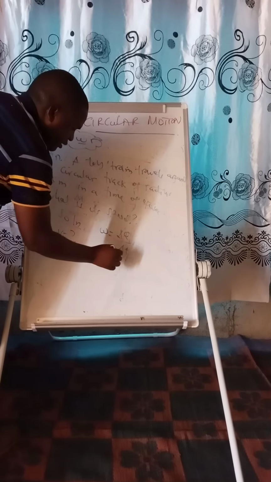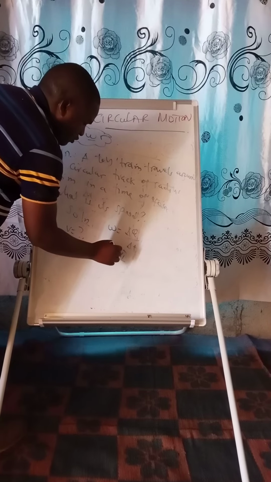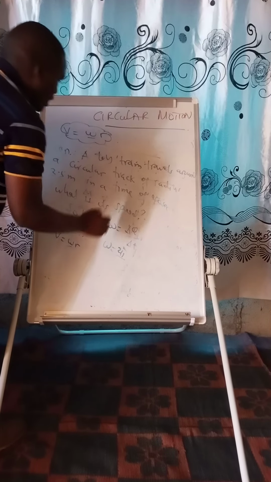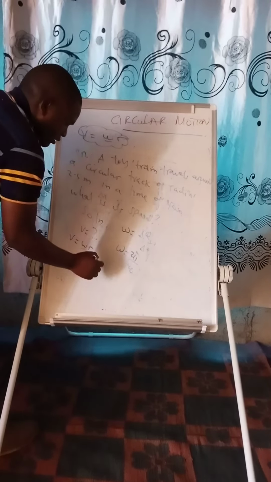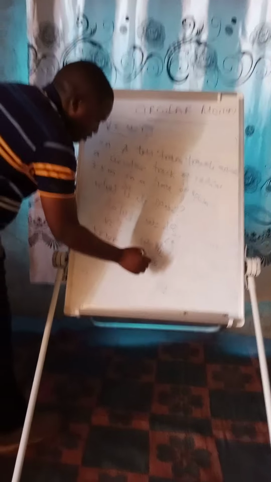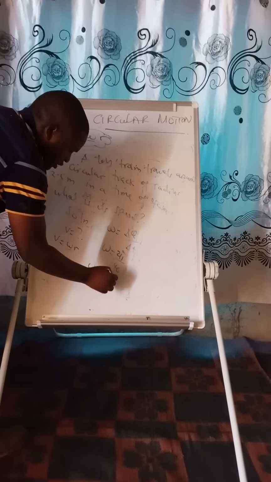Our angular displacement, because it's a circular track, is 2 pi over time, which is given as 40 seconds. So it will be pi over 20 rad per second. This is our omega.